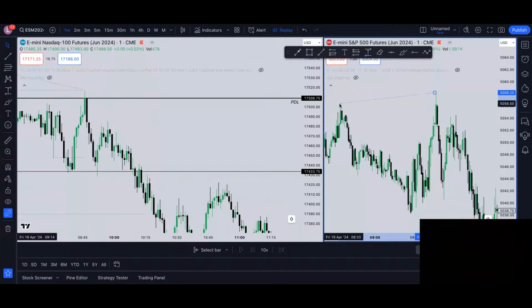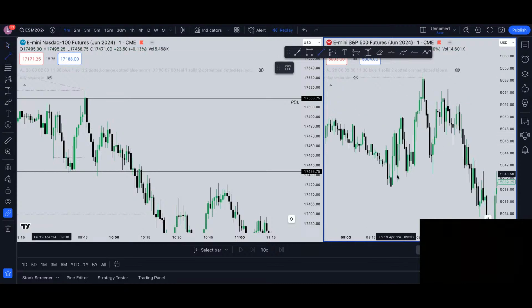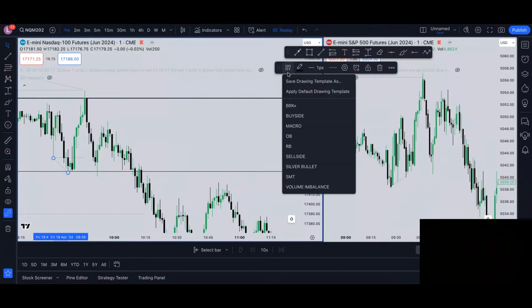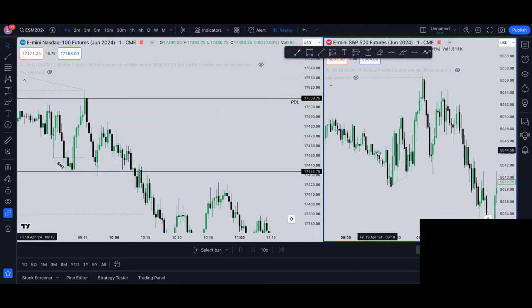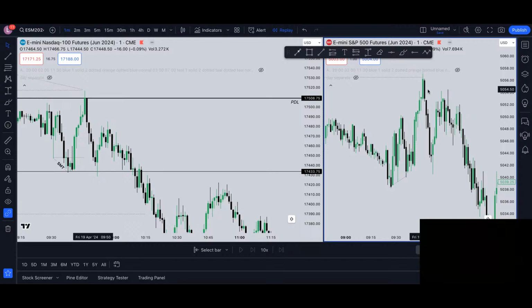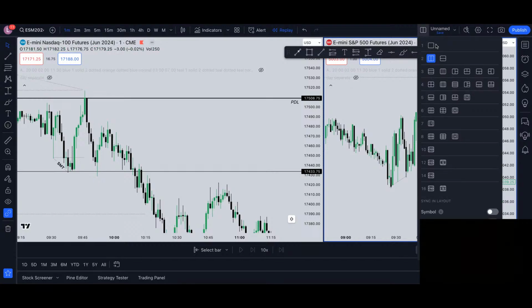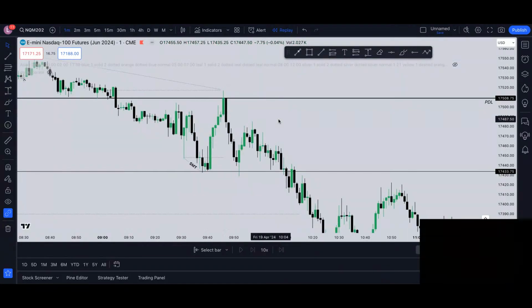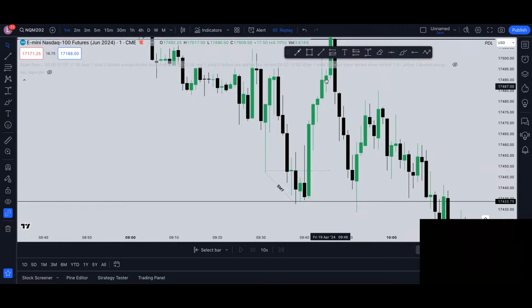I saw there was a buy side to be tagged on ES and price made this SMT. See the time, 10:46. Analyze this inverse fair value gap.